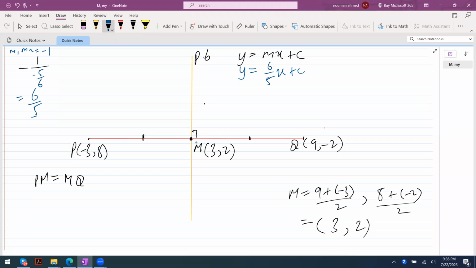You can put in the midpoint because the midpoint is also common with the perpendicular bisector. So 2 is equal to 6 by 5 times 3 plus c. You can directly put it in the calculator. c will be minus 8 over 5. So we have the PB equation now, the perpendicular bisector equation: 6 over 5 x minus 8 over 5.